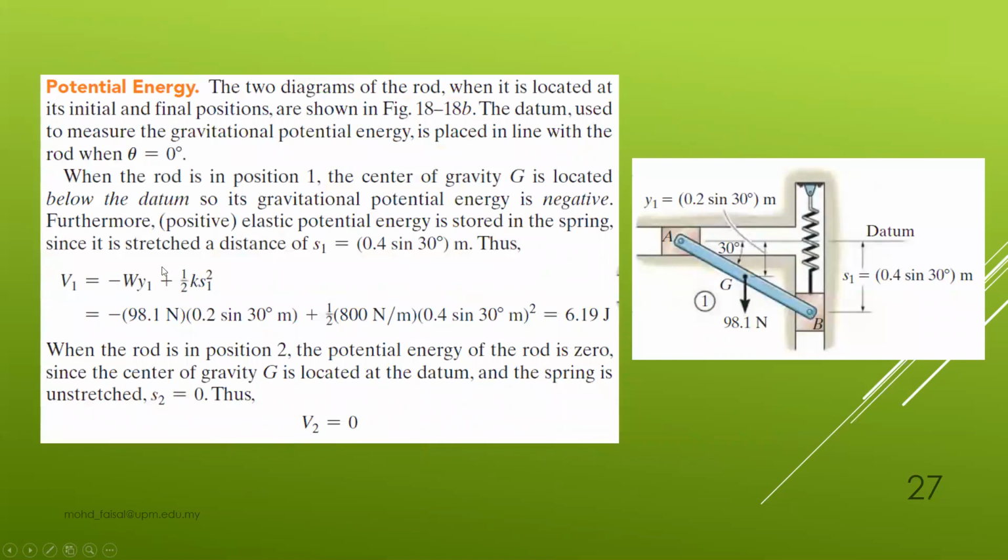This is the process. What you need to look at is V1, which is due to the gravity, and this one due to the elastic part of the potential energy. For S1, just use the trigonometry of this particular system, then you can resolve this problem.